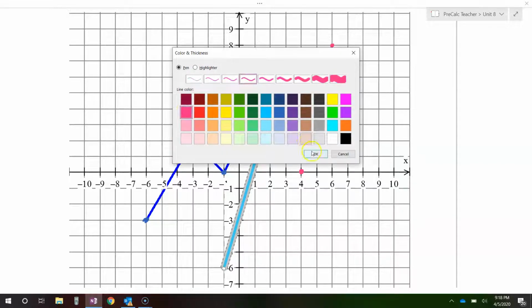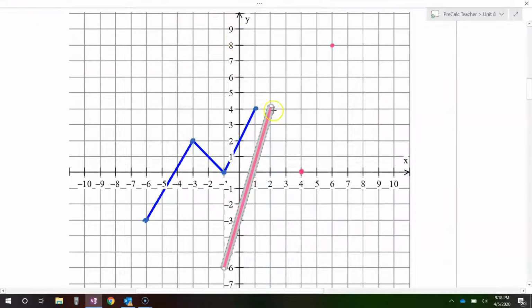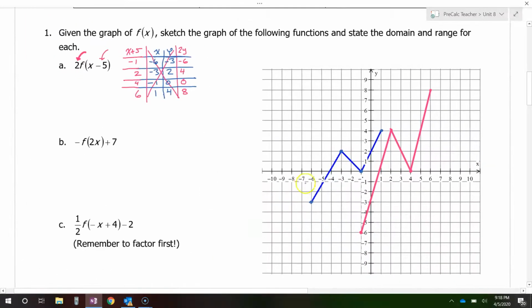Let me switch that up. And there you go. This is the graph of the first transformation. And I'm going to color coordinate this, so you see the red here. That's how you know it's going to be the red one.